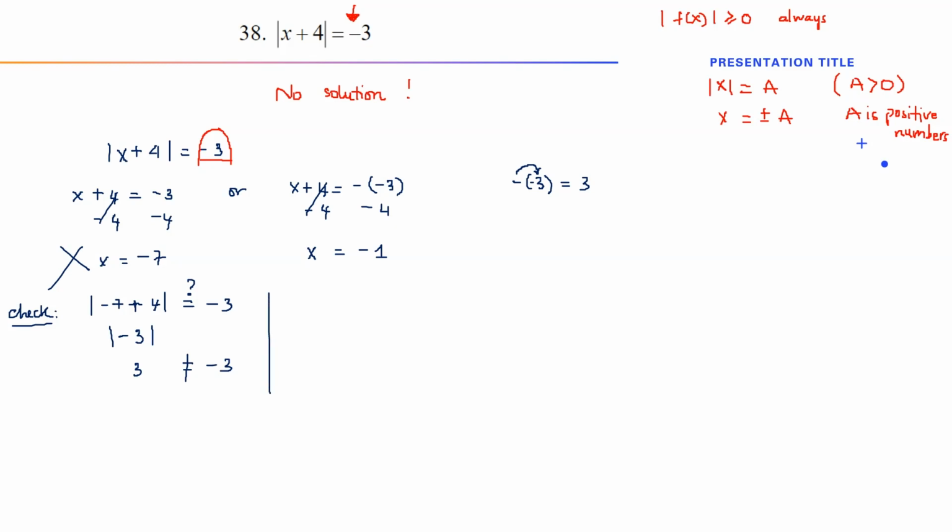Similarly, we're checking x equal negative 1. So the absolute value of negative 1 plus 4 does that equal negative 3? The 3 inside the absolute value is 3, and this is different from negative 3. So x equal negative 1 is not a solution.